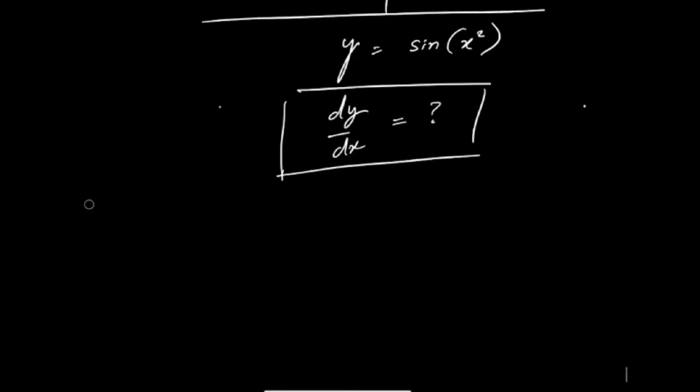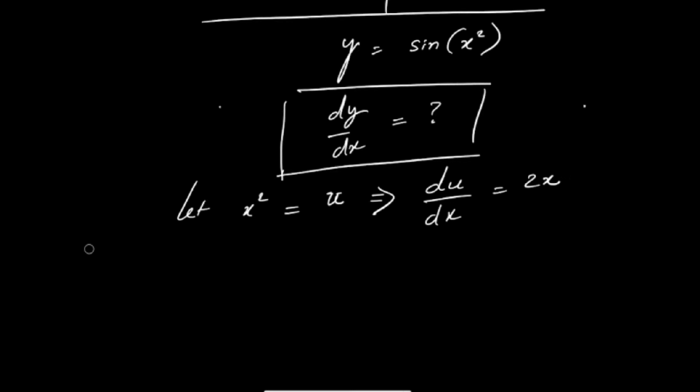Here I'll assume let x square equal u, some other variable. So what is du by dx? It is 2x. It's just a change in variable. If y is equal to x square, dy by dx is 2x. So if u is equal to x square, du by dx is 2x.